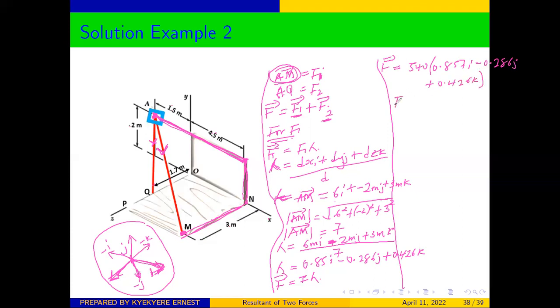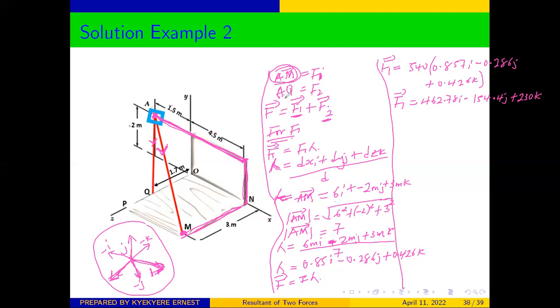And from here, our F1, which represents Am, will be equal to 462.78 i minus 154.4 j plus 230 k. So we have gotten F1.